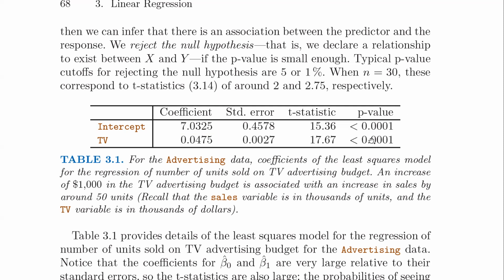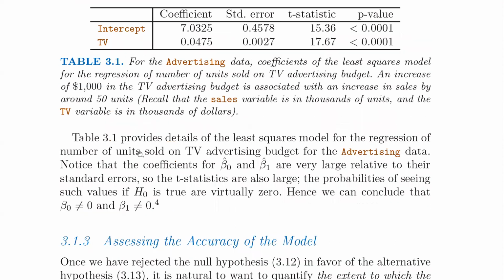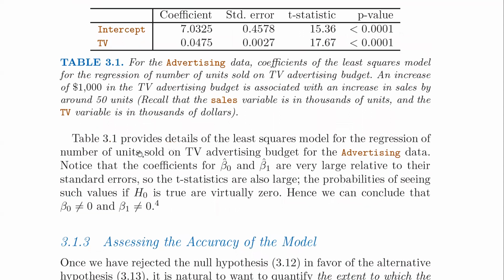So over here, you're going to say, this is so small. If you look at the estimate of beta 1, which is this one, you conclude, yes, there is a relationship between, what was the model? We were relating sales against TV budget. So look, table 3.1 provides details of the least squares model for the regression of number of units sold on TV advertising budget for the advertising data.